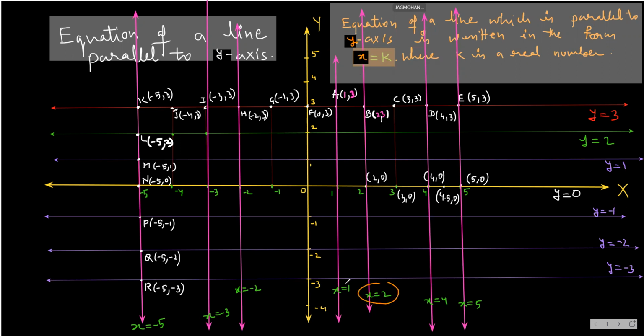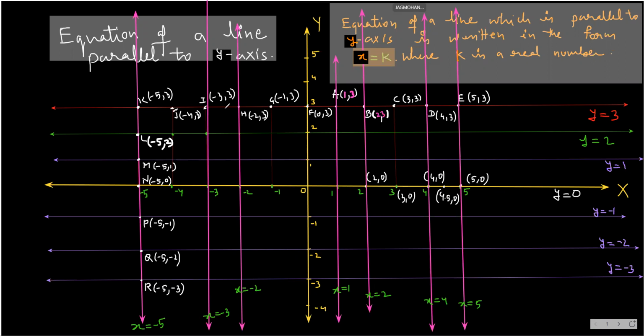You can check, see all these, they are all x equals to k, where k is a real number. Remember, students, k can be any real number. It can be a fraction, it can be an integer, it can be negative, it can also be 0.